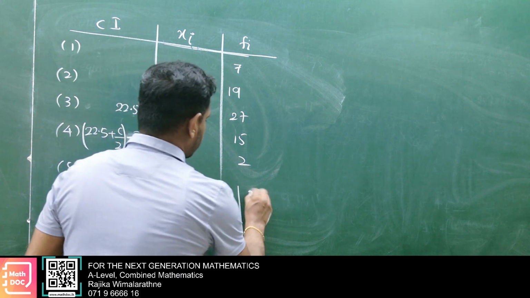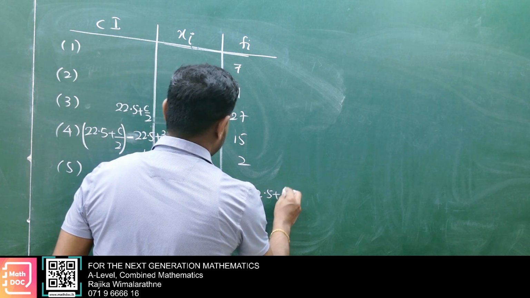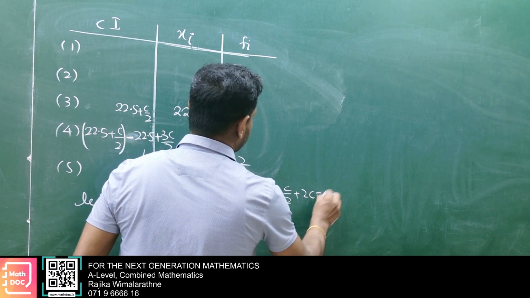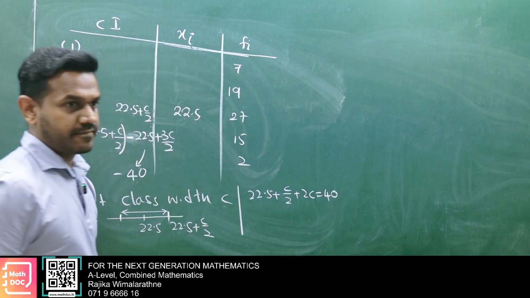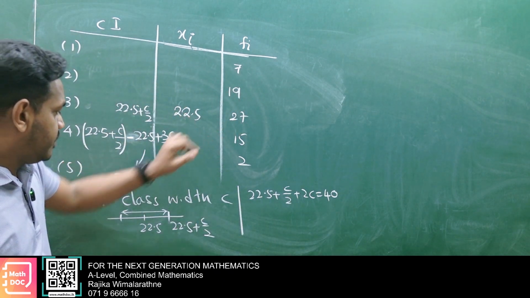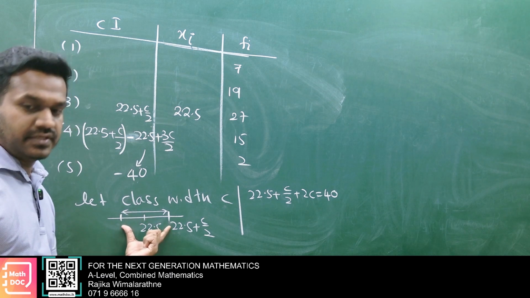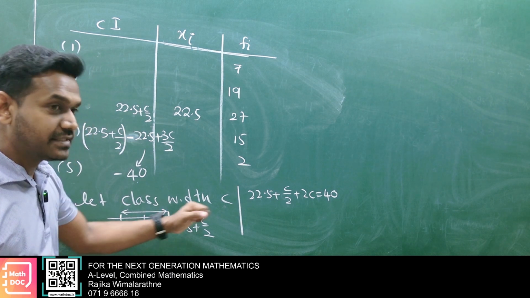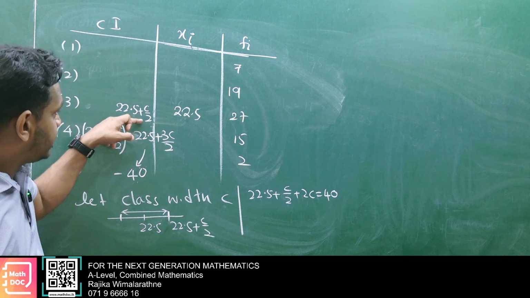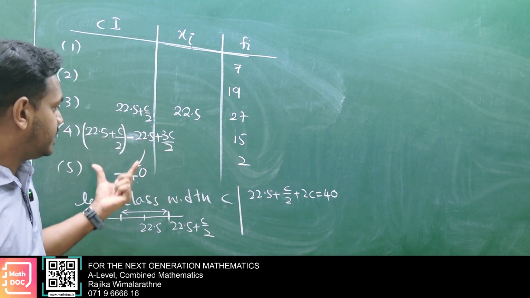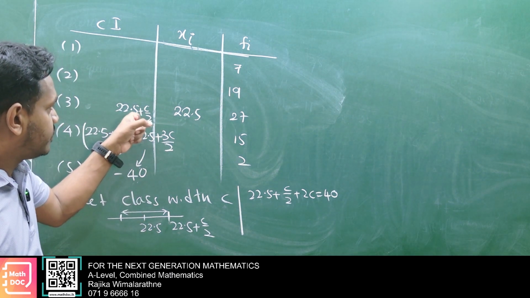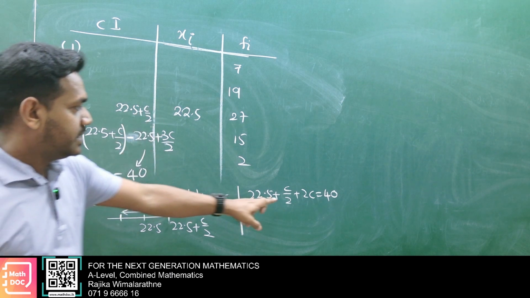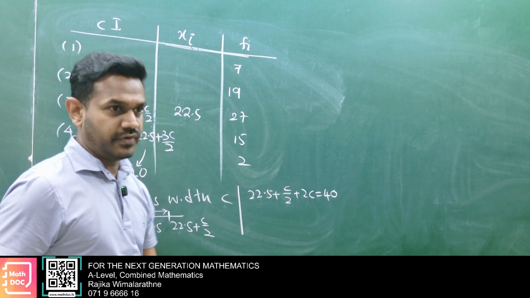Therefore, 22.5 plus C over 2 plus 2C equals 40. Here 22.5 is the mid value, then class width C, then its upper boundary is 22.5 plus C over 2. Then class width C again, 22.5 plus C over 2 plus C, that will be the upper boundary 40.